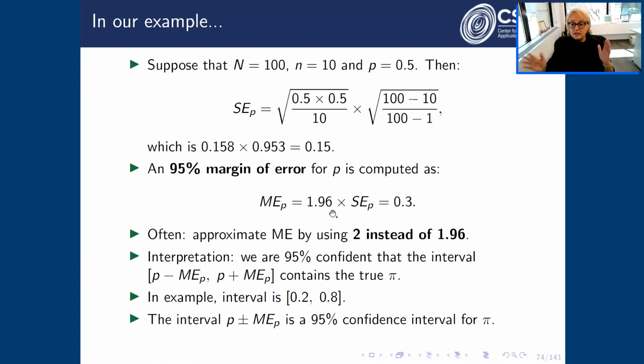And so the confidence interval would have been a little narrower, but I would have been less confident that my narrower confidence interval actually does cover the true population proportion. And if I want to be 99% confident, I would have to look it up, but I think it's 2.54 or something that would go in here.